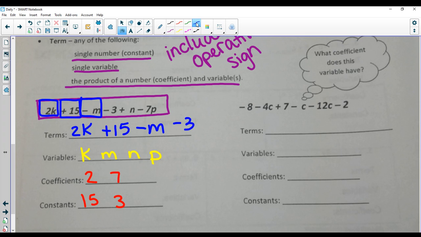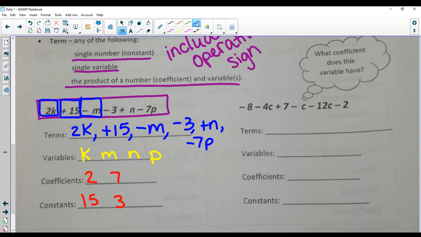Minus 3. What's the next one going to be? Plus n. Minus 7p. So these are all different terms. Okay? It's the chunks that include the operation signs. Does that make sense? Kind of? All right, let's look at the next one.